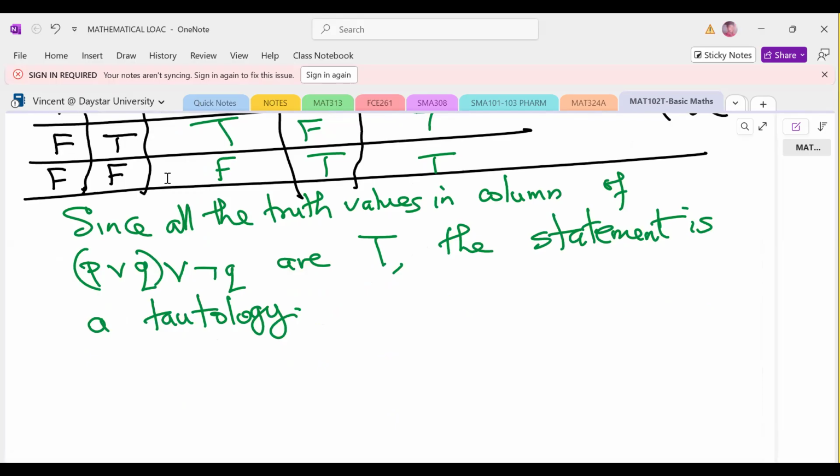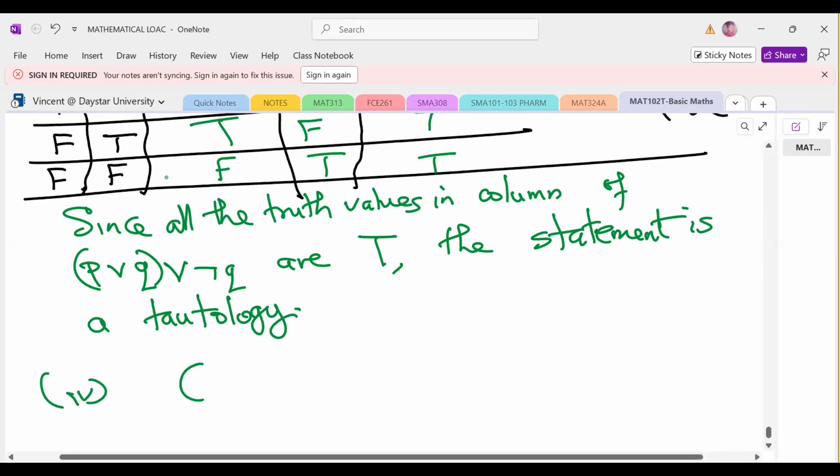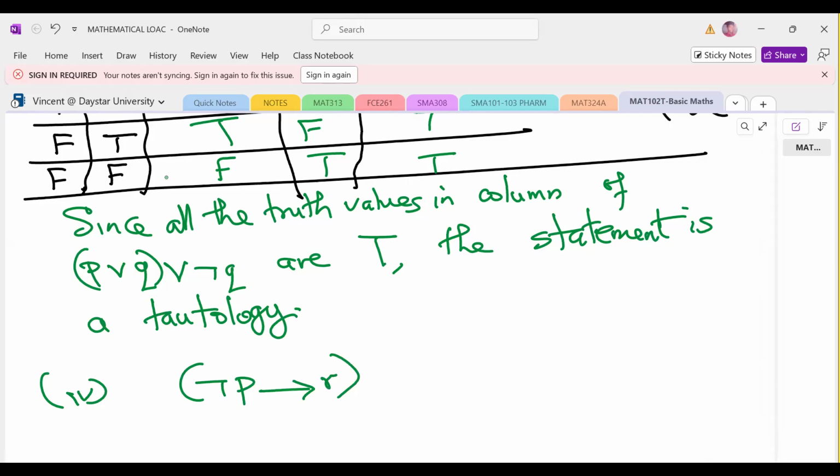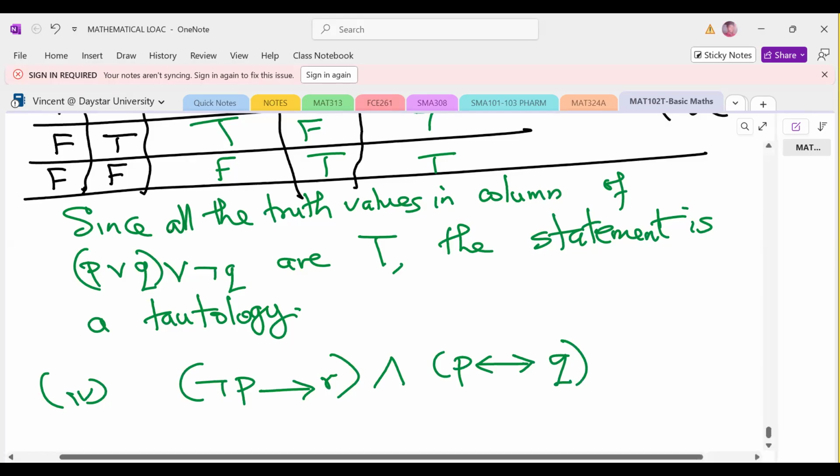Okay. Then next one, number 4 is not P implies R and P if and only if Q. So the first thing I want you to tell me, how many rows do we require for this?